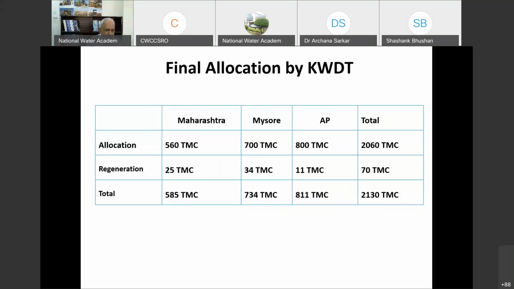So with the figures which have been given and the individual states 68-69, the tribunal has arrested up to the figure that here TMC of water would be a regenerated flow from the utilizations that will be taken by the states from 1968.